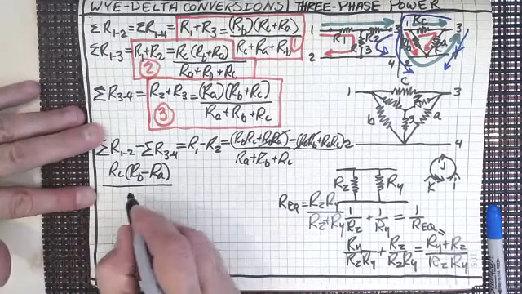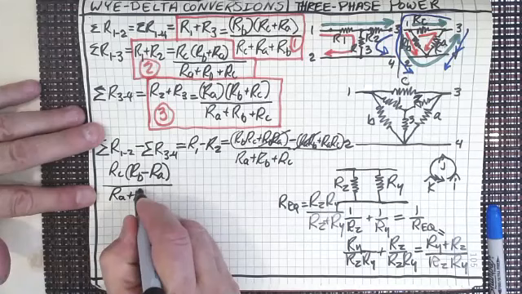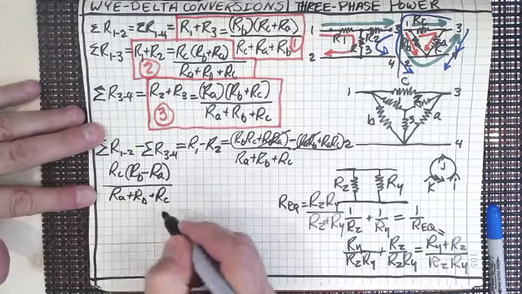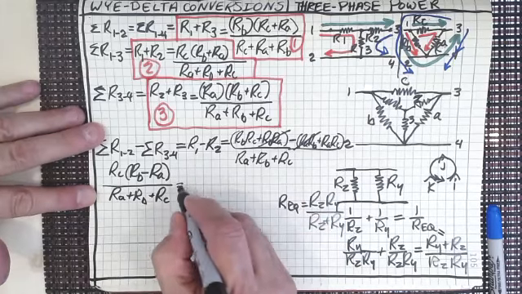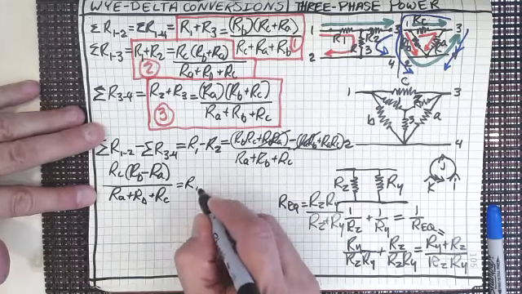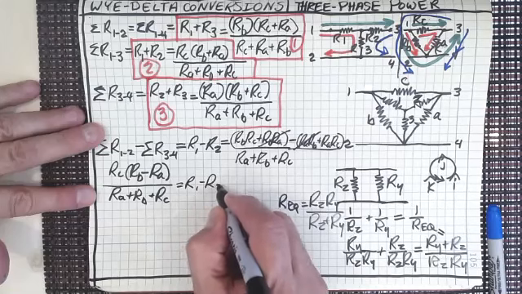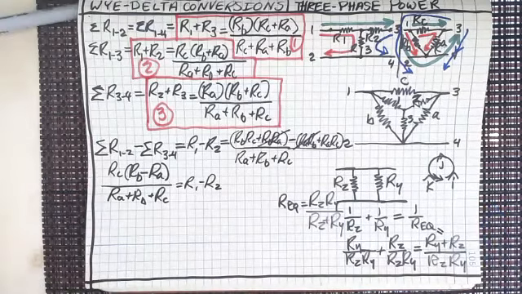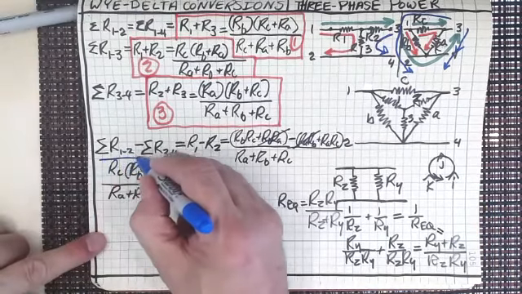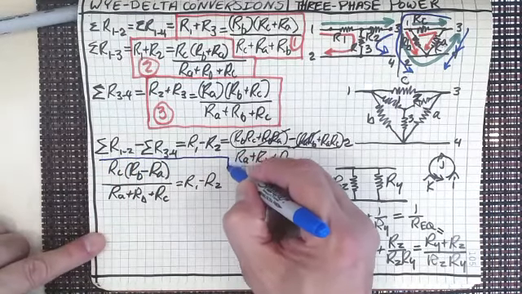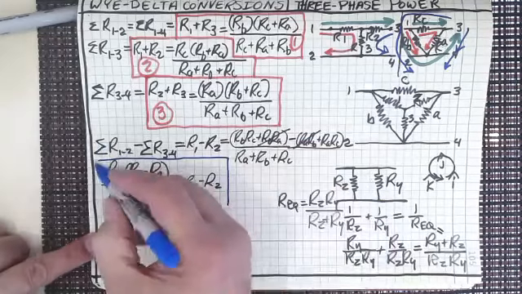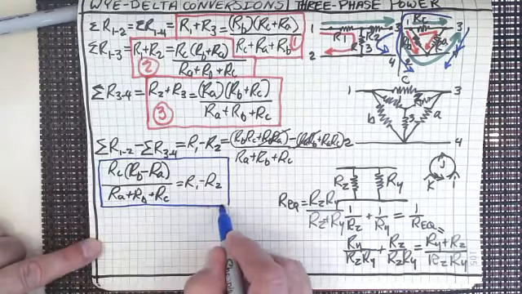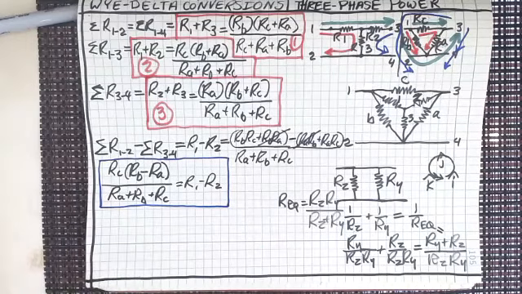And then that, of course, is over R sub A plus R sub B plus R sub C. And that equals R1 minus R2. So let me put a blue box around that one. Okay.